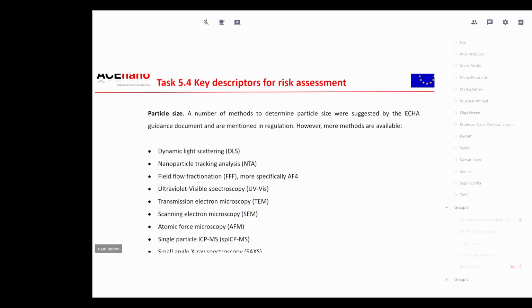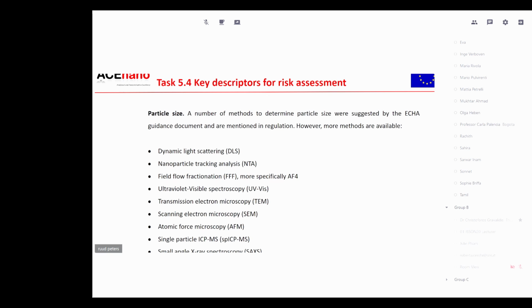It does not really determine size, but combined with a detector, which may be a multi-angle light scattering detector or an ICP-MS, you can determine particle size with AF4. UV-vis is another one which can be used. Of course, here we have the electron microscopy methods, transmission electron microscopy and scanning electron microscopy, and also atomic force microscopy.